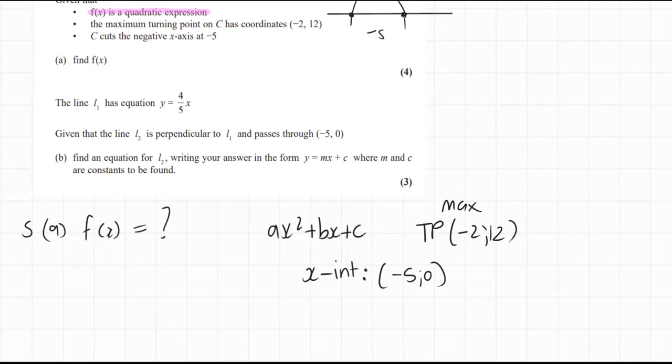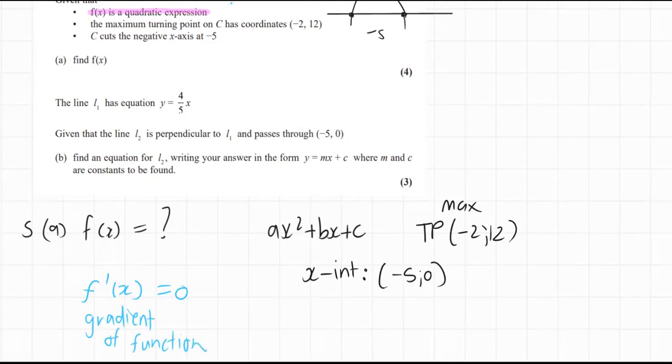Well, let's first look at the maximum turning point. At a minimum or maximum of any equation, the first derivative is going to be equal to 0. The reason for this is because the first derivative is the gradient of the curve, the gradient of the function.